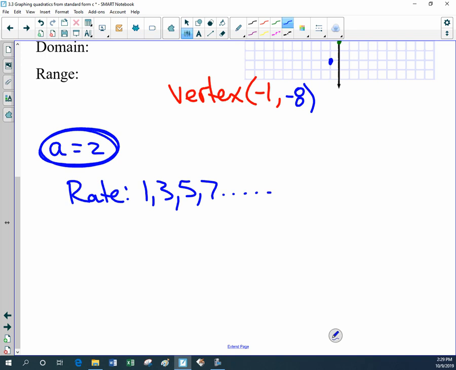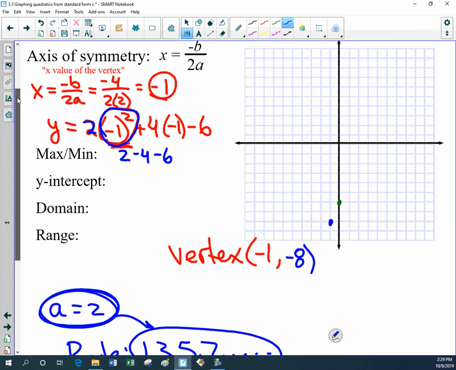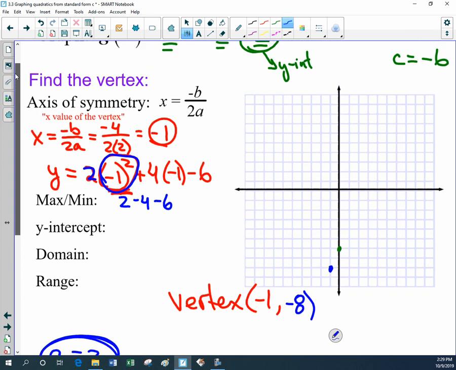So if I multiply 2 times this, I get 2, 6, 10, 14, etc. So the rate of increase for this problem is going to be 2, 6, 10.